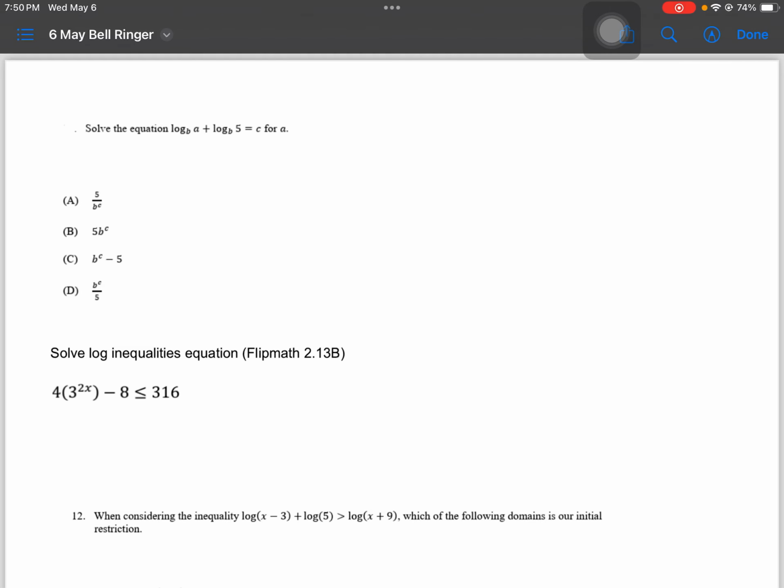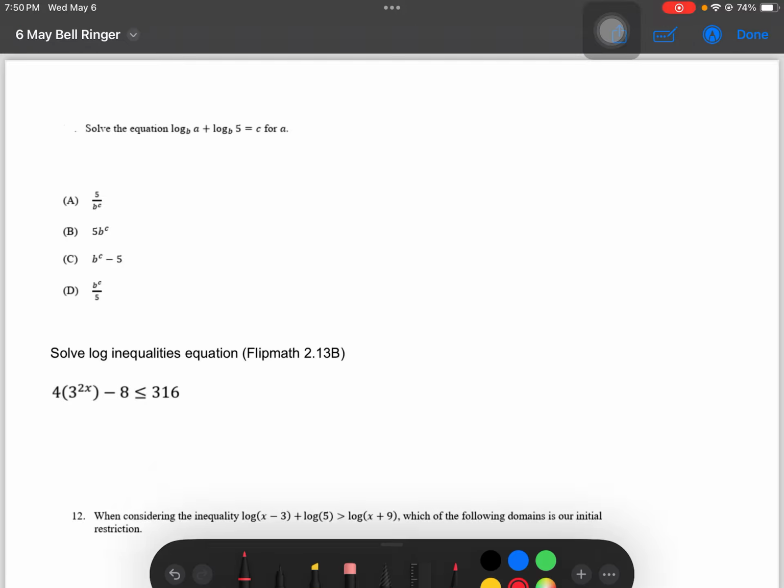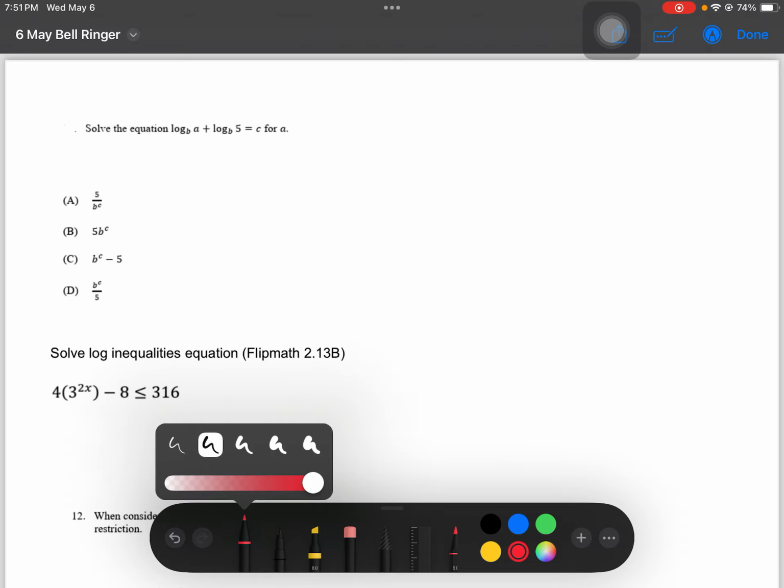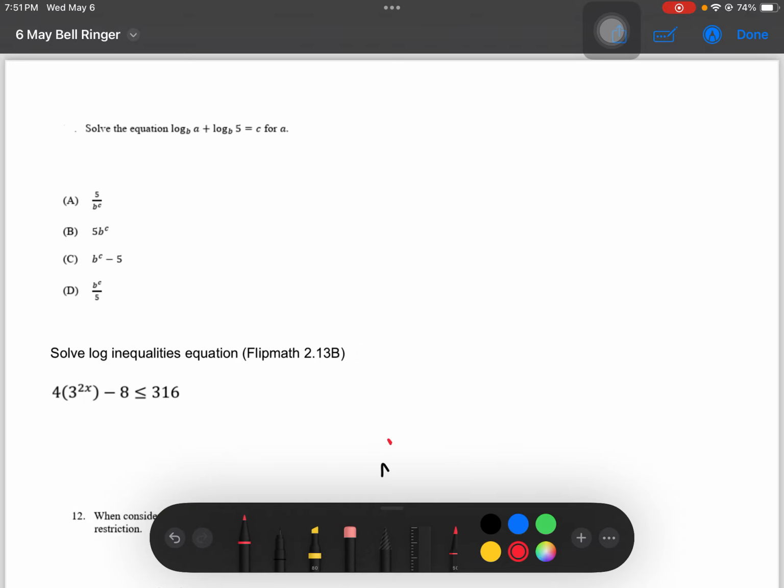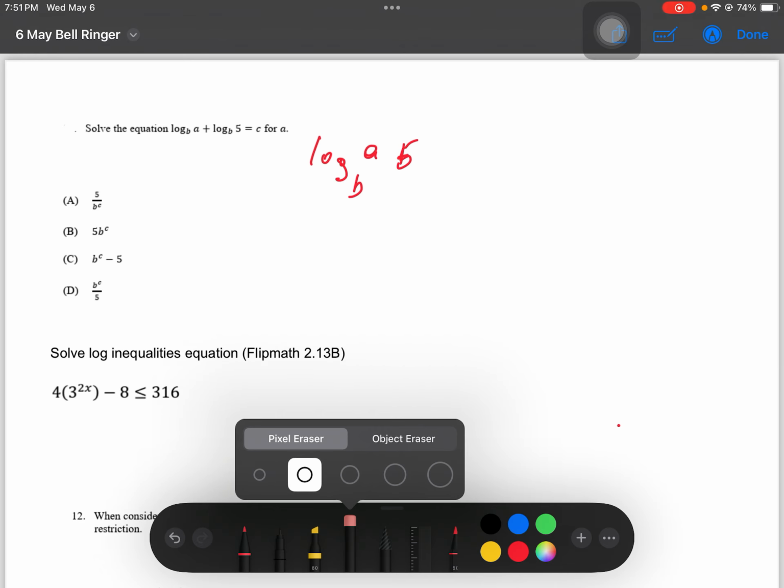Okay, so if you recognize now, if I want to solve for a, I'm going to condense the log. That gives me log base b of 5a, because the plus is multiplication.